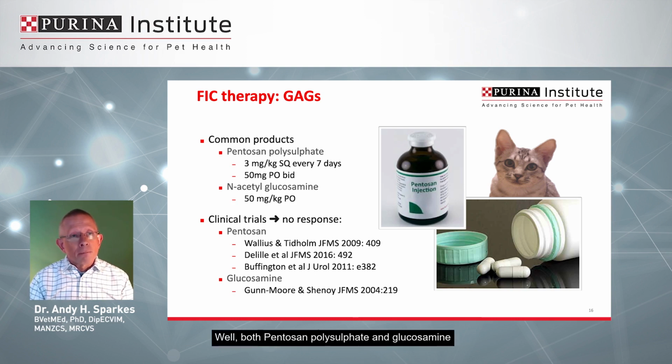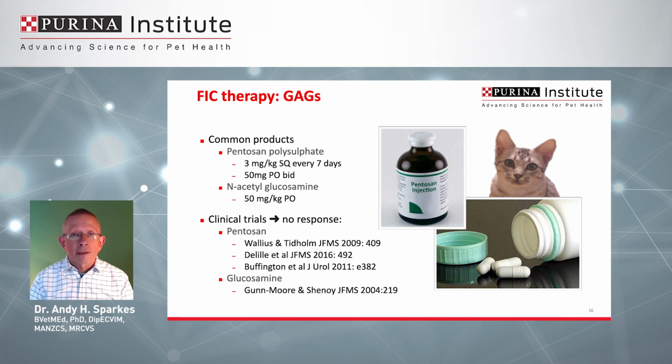Well, both pentosan polysulfate and glucosamine have been used as potential therapeutic agents exactly for that purpose. But in clinical trials that have been published, none of these trials have shown any significant benefit from the use of glucosamine or pentosan polysulfate.